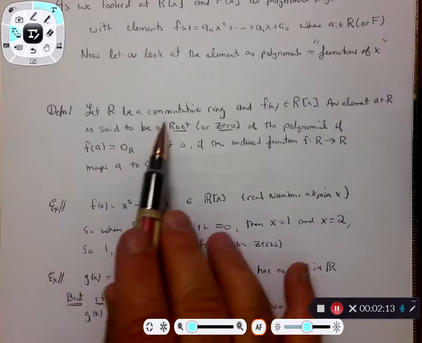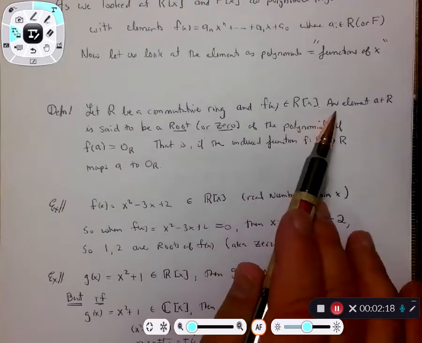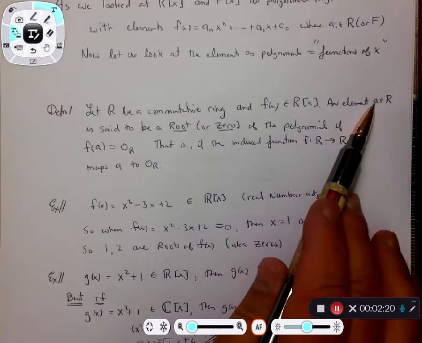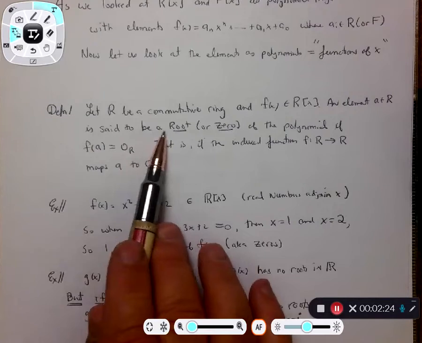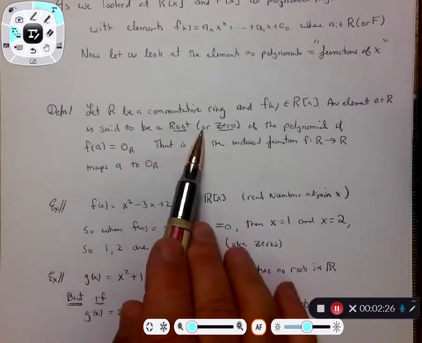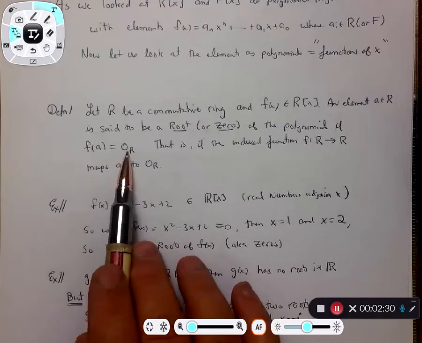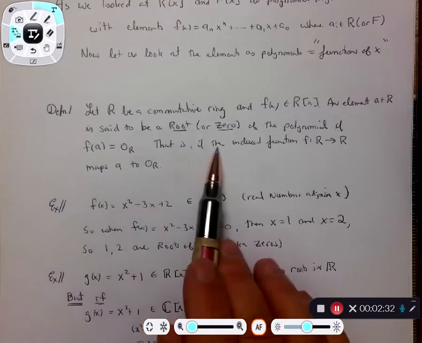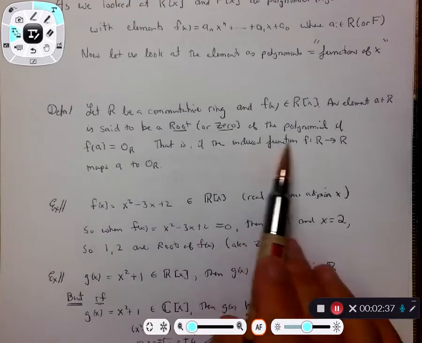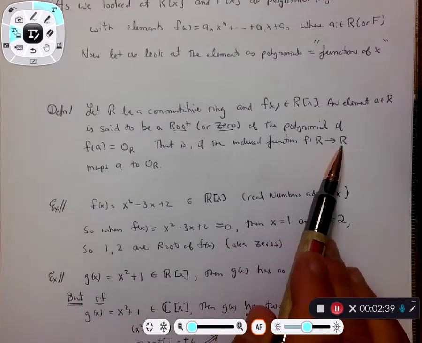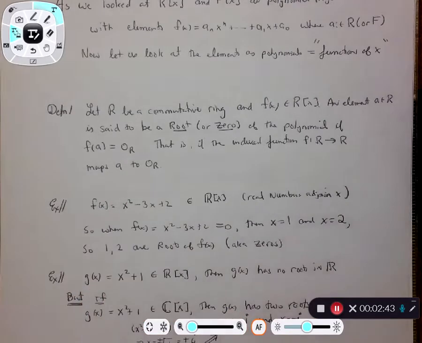Let R be a commutative ring, and let f of X be an element of R adjoined X. An element A inside of R, the ring, is said to be a root or zero of the polynomial if f of A is equal to 0 in R. That is, if the induced function f going from R to R maps A to 0 in R.